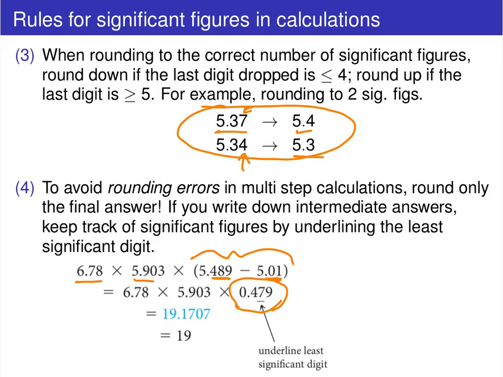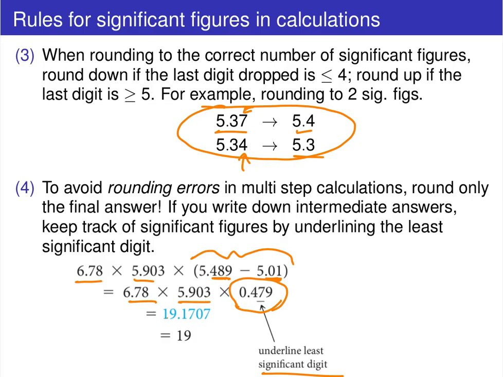So the answer is going to be limited to only 2 decimal places. What I like to do is put a little line under that least significant digit. That way I can remember that this number here actually only has 2 sig figs, but I'm going to keep that 9 here for the final step, which involves a multiplication with 2 other numbers.